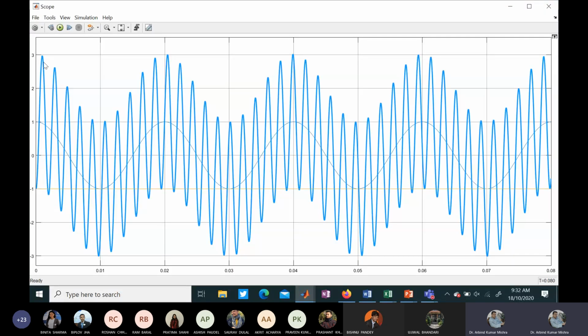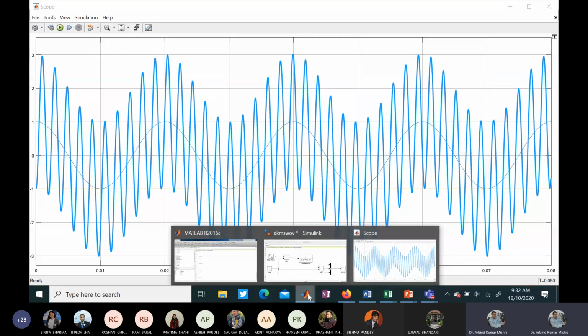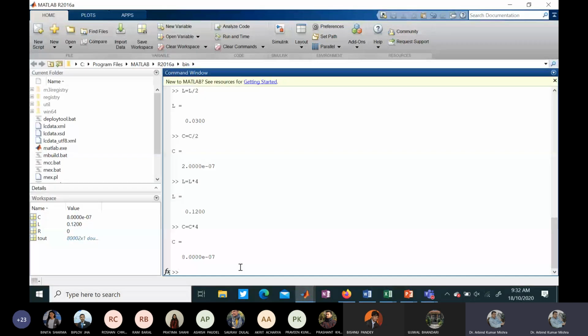In whatever parameters we have chosen, our maximum voltage was around 3 pu, because we have considered the worst condition, that is, the trapped charge is negative of the maximum peak switching instant value.